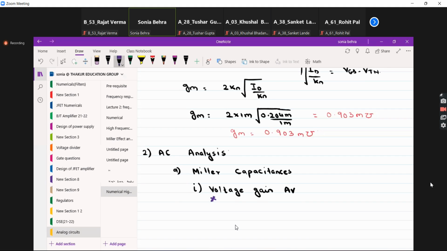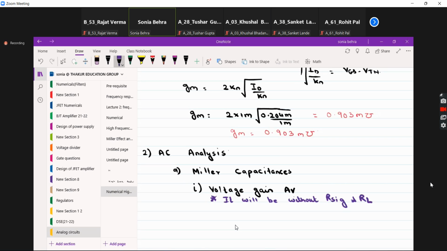Please remember, I'm highlighting this point. When you are finding the voltage gain for Miller capacitance, it will be without R signal and RL. You should not consider R signal and RL when you are finding voltage gain for Miller capacitance.